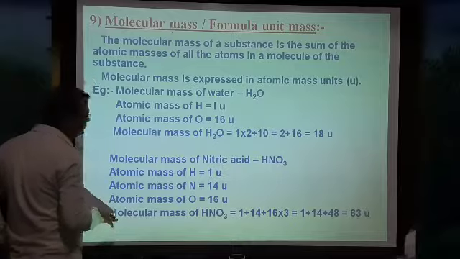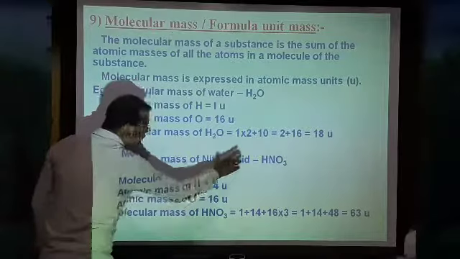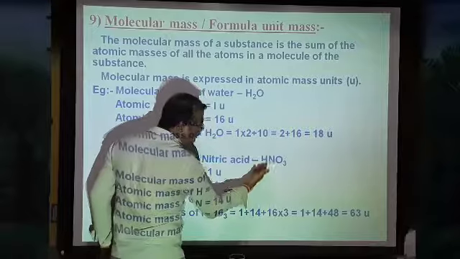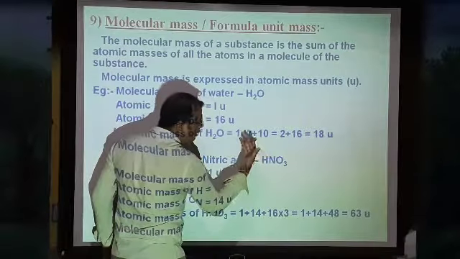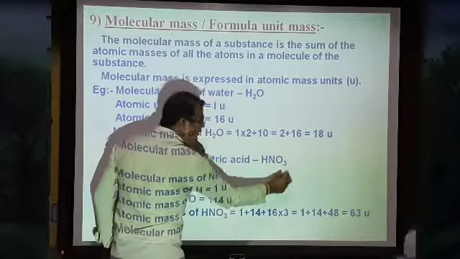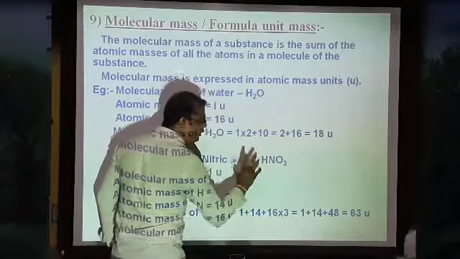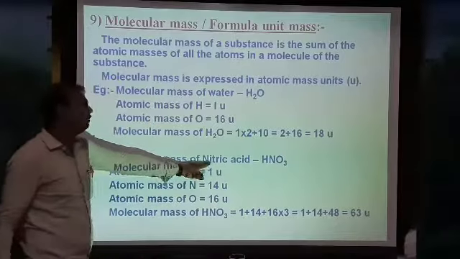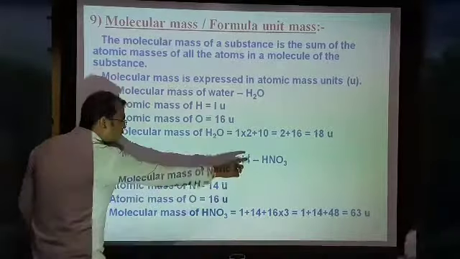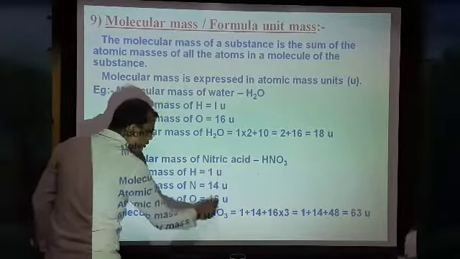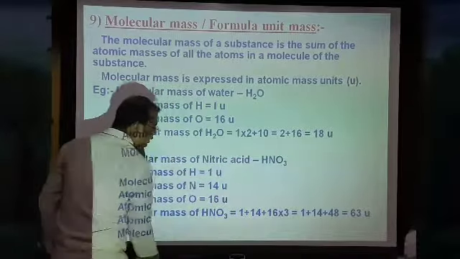One more example we will see here: nitric acid. We should add the mass of hydrogen, the mass of nitrogen, and the mass of oxygen together. We will get the total molecular mass of nitric acid. The atomic mass of hydrogen is 1 unit. Atomic mass of nitrogen is 14 units.